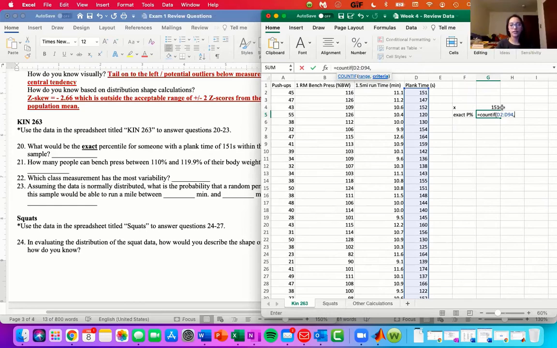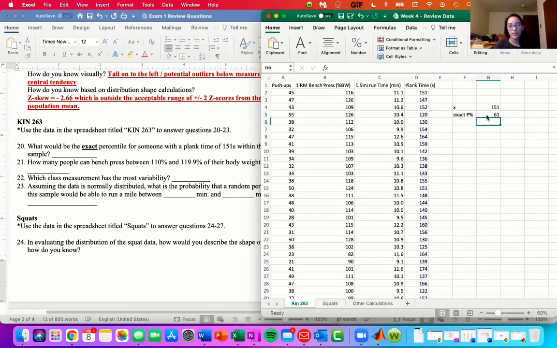Because percentile is values that are worse than the score of interest. Plank time, the longer you hold it, the better you do, right? So lower scores under this 151 can be considered worse than, right? So we could say less than or equal to, and we want it matching the criteria of 151, or we could stick in our cell reference. That also works.